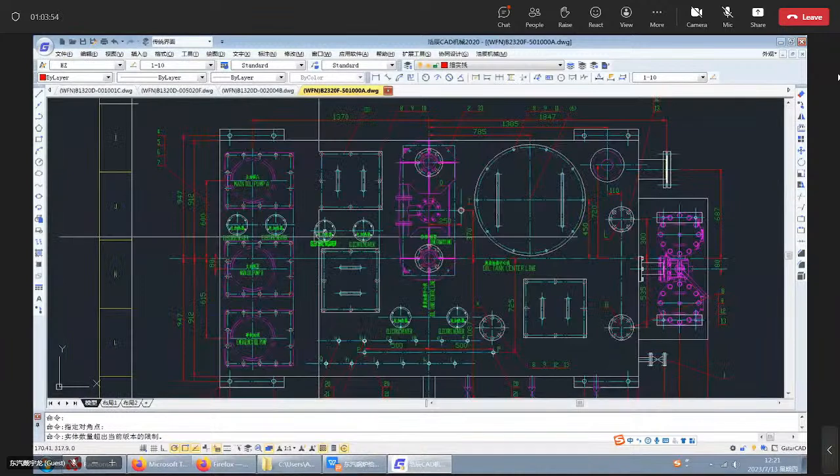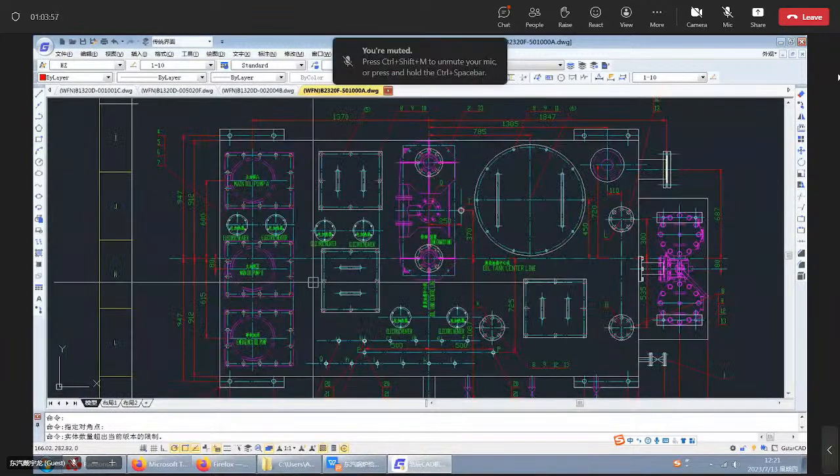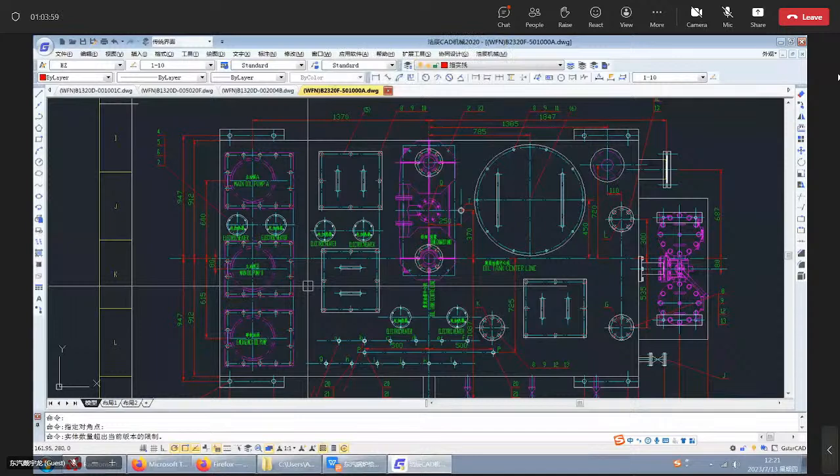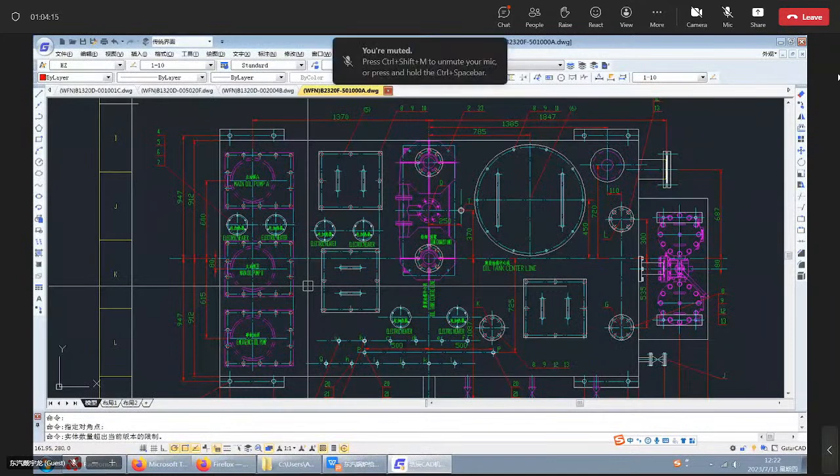What we introduced before about the manifold oil tank means we integrate most of the oil system components on one oil tank.